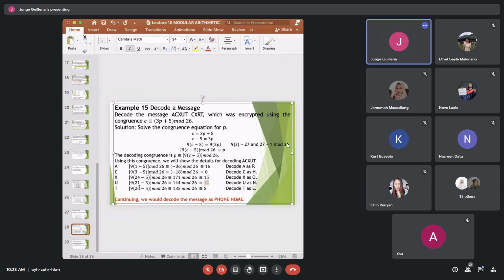That is 20. 20 minus 5 is 15. 15 times 9 is 135. 135 modulo 26 has a remainder of 5, and the fifth letter is letter E. So ACXUT is phone. It is readable now. So ACXUT CXRT is decoded as the message phone home. So it is readable now.